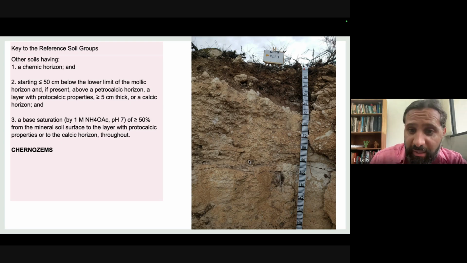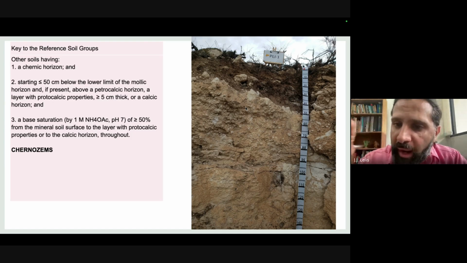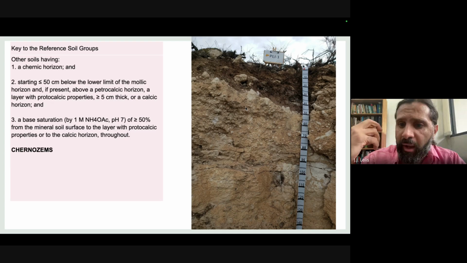Okay, if we do not register the petrocalcic horizon, we must register something with petrocalcic properties. That's a weak cementation, or a calcic horizon, a horizon that shows some white spots, some white dots in the soil profile, showing that you have some secondary calcium carbonate precipitation.